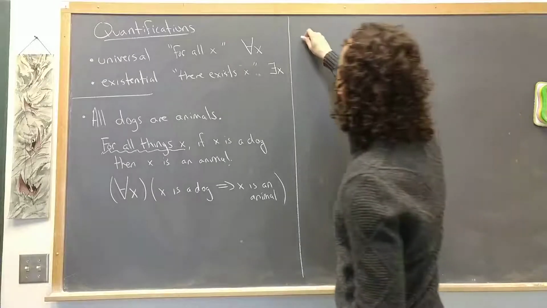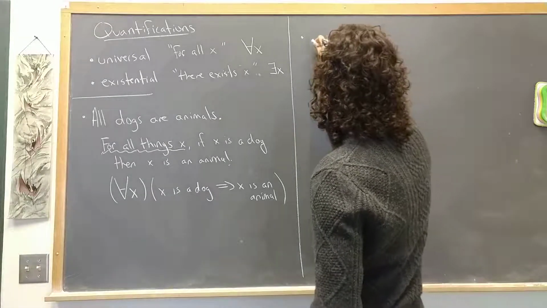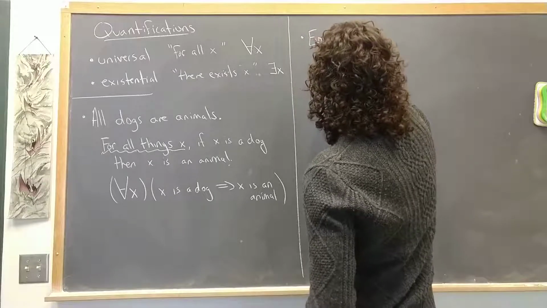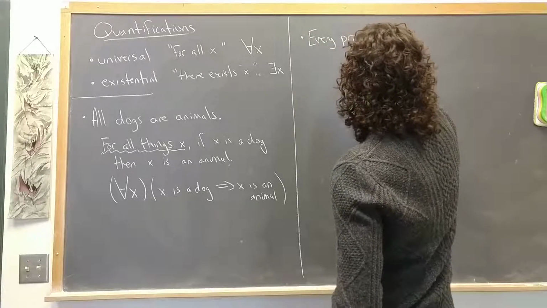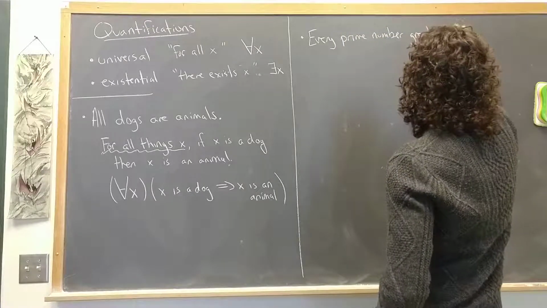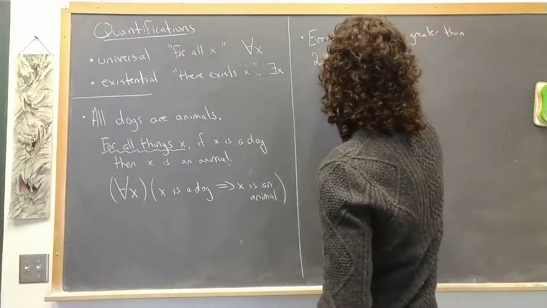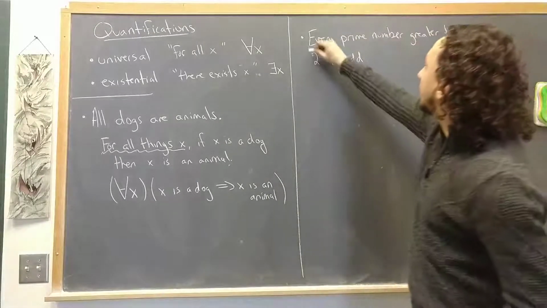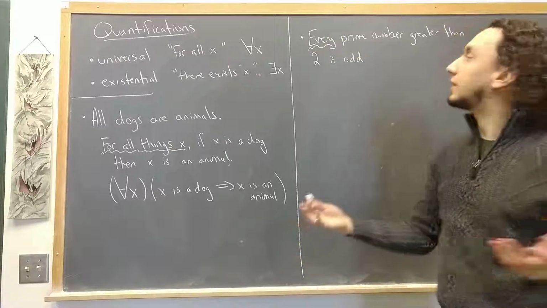For example, I might want to write something down like: every prime number greater than 2 is odd. And again, I've got a kind of universal quantifier here.